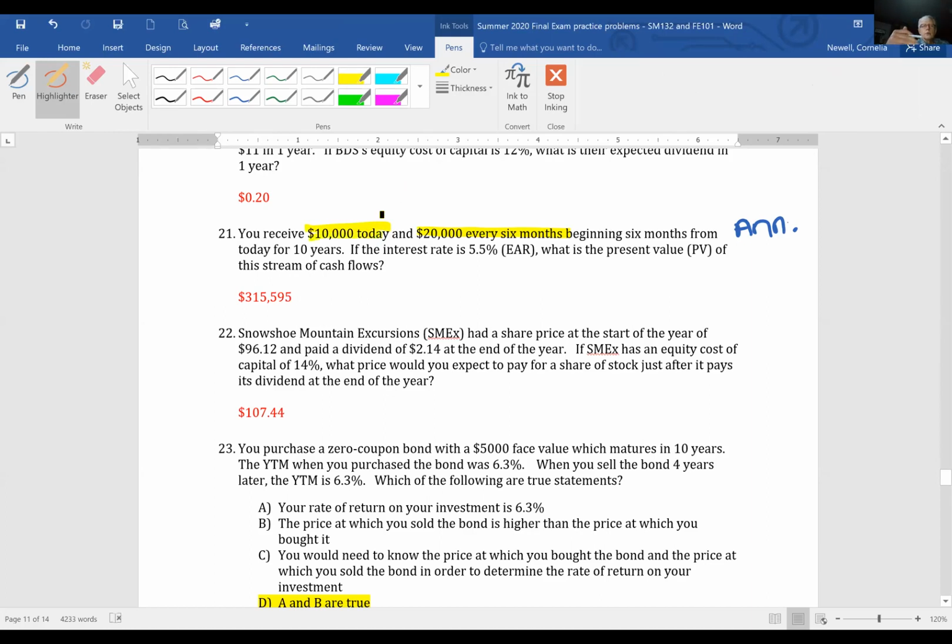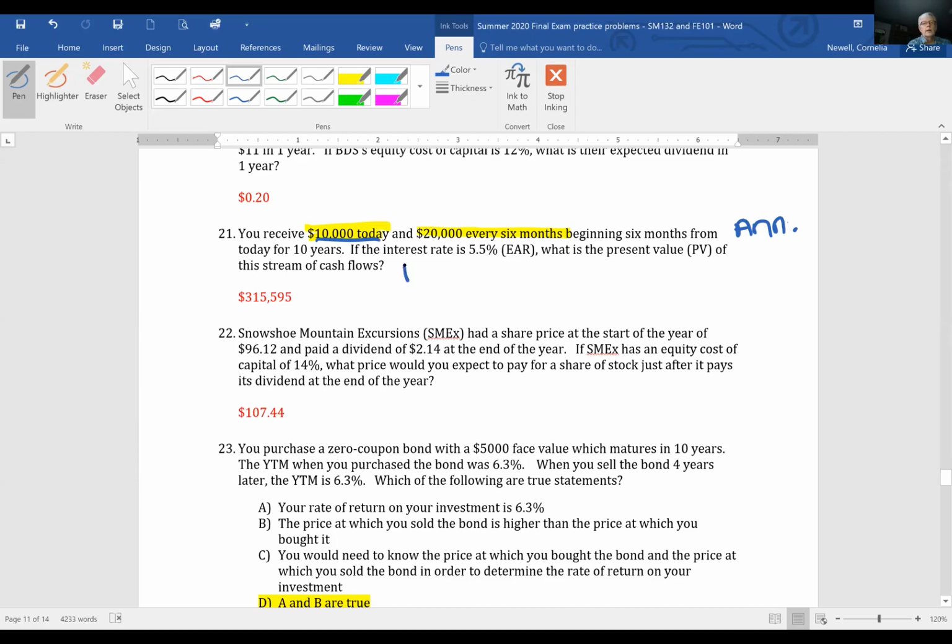But in order to use the top row of keys on your calculator to calculate the annuity, you're going to be calculating the present value of the annuity. So you can't use the present value key for the 10,000 because you're using it to get the present value of the annuity. But what you can do is say, I'm going to get an annuity that has a present value, and then I'm going to add my 10,000 today, and that will be my total.